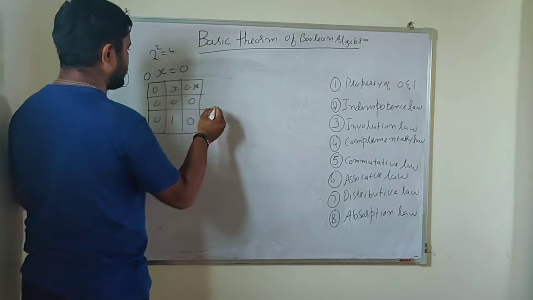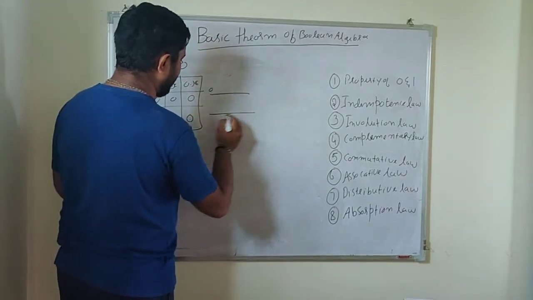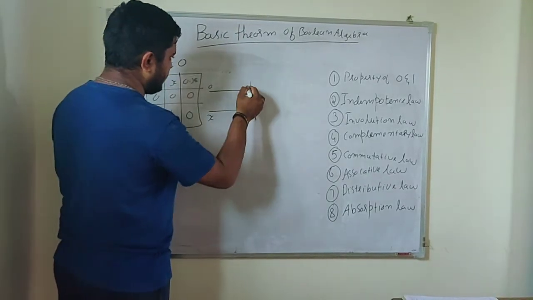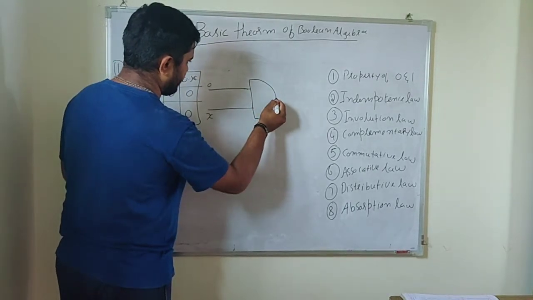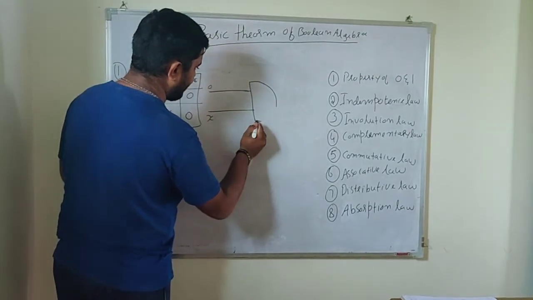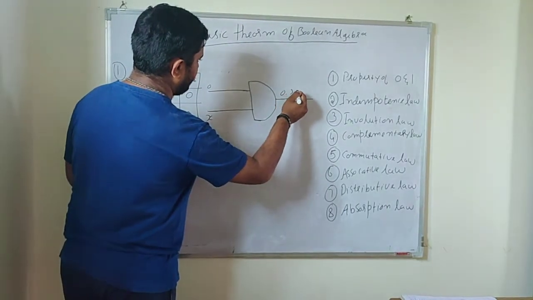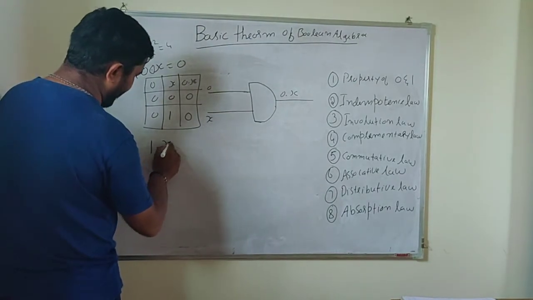So how do we write the truth table representation for this? First is 0 and x. Here you have the dot representation, which means it is the AND representation. So I am going to provide the AND gate. So 0 into x.